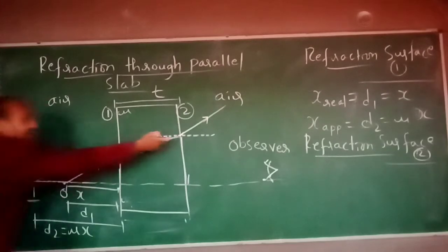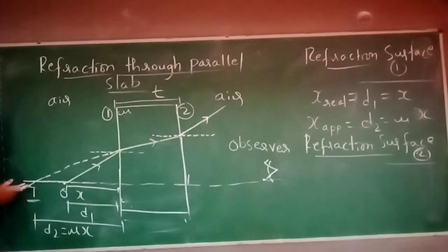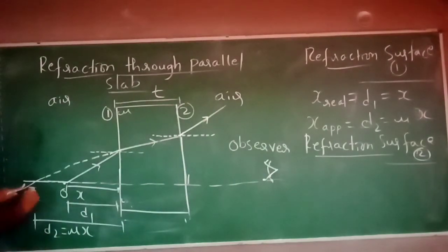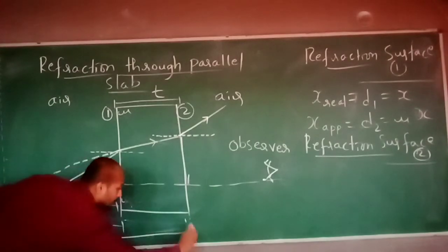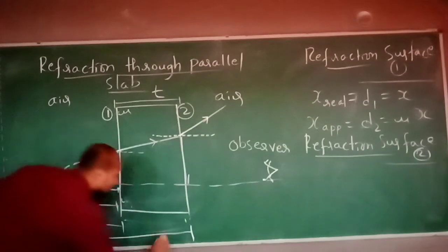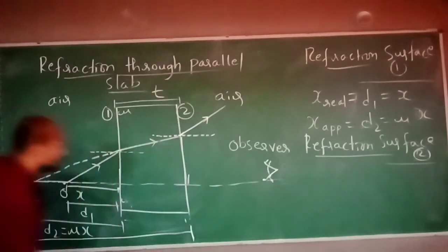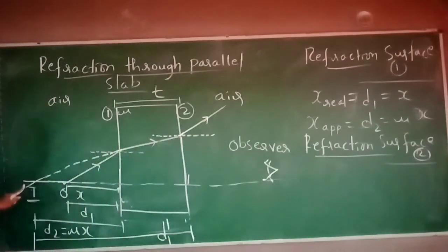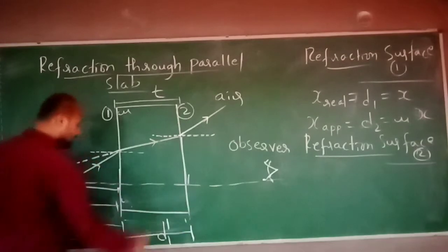So the distance from this point I to this second surface, let us consider it as D1 dash. The distance from the object or I for the second surface is D1 dash.